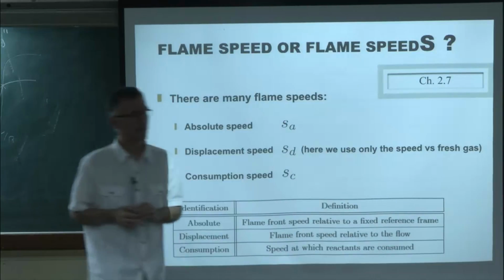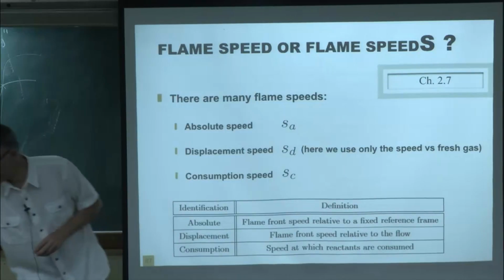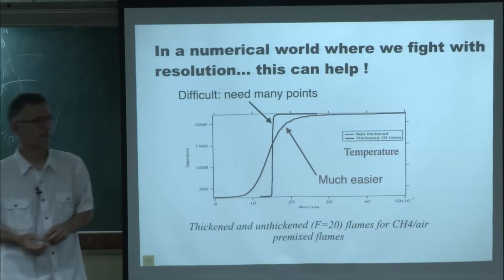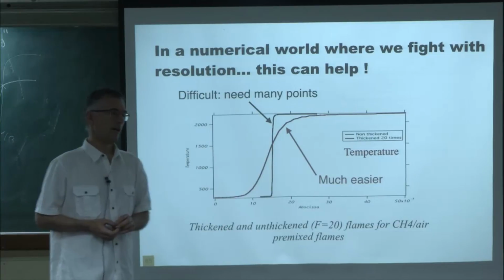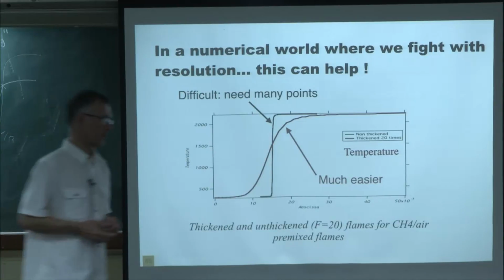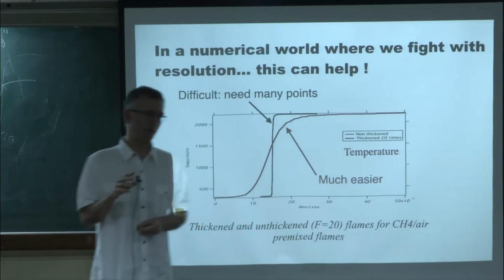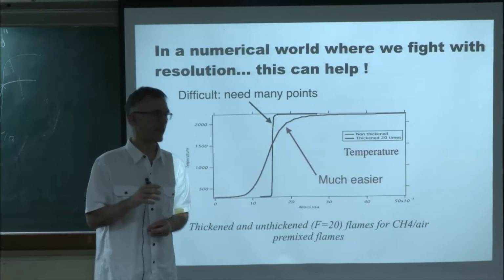In the thickened flame model, if you are thickening a flame by a large factor, won't you change the velocity field or turbulence field that the flame will actually see? Sure, sure. This is what I will discuss this afternoon. The thickened flame model, of course, has limitations.